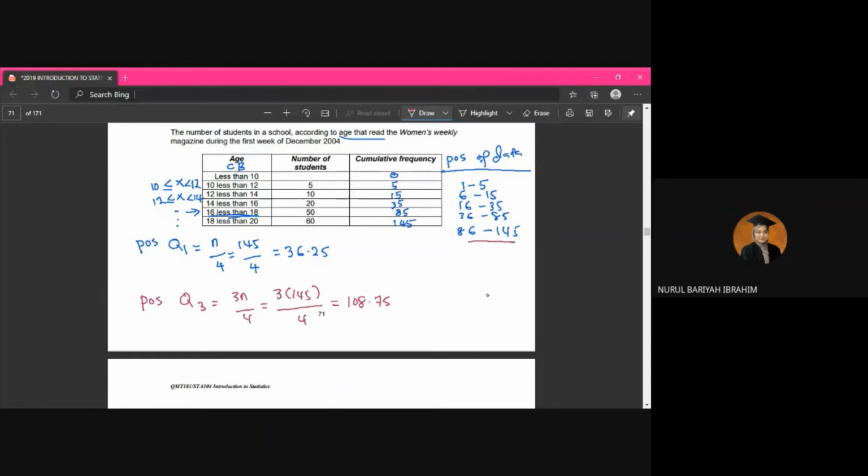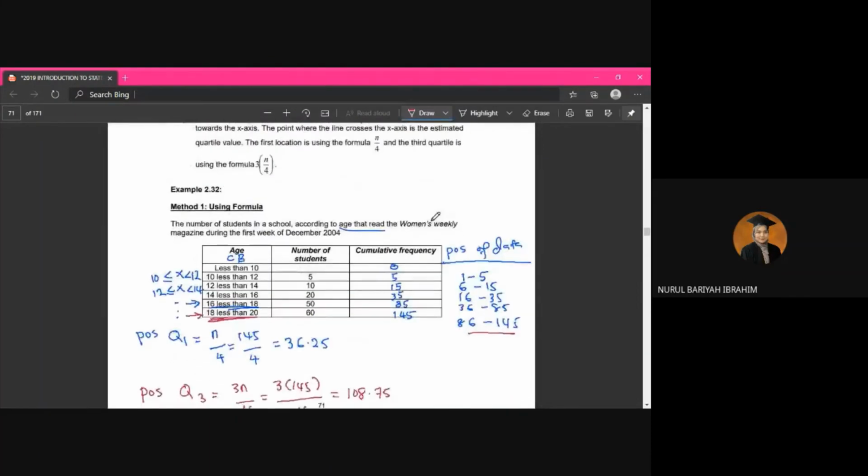Somewhere here, 108.75. So it means that the last class here contains Q3. We don't know the value of Q3, from 18 until 20. So we can use the formula. Okay, to use the formula, we need this value, the frequency, and the cumulative frequency before the class containing Q3, which is 85.